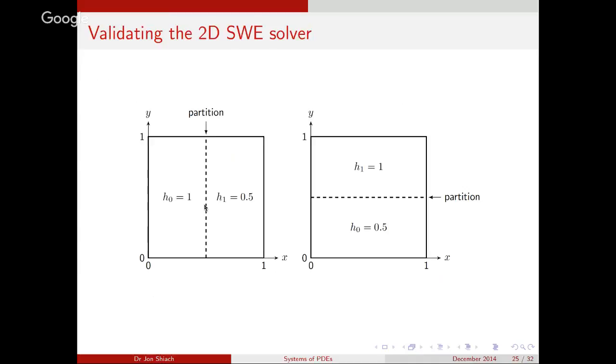You have an X direction and a Y direction. All of this region here starts off with a height of 1, and I've got a height of a half down there. If I was to take a slice horizontally across anywhere here, same solution.